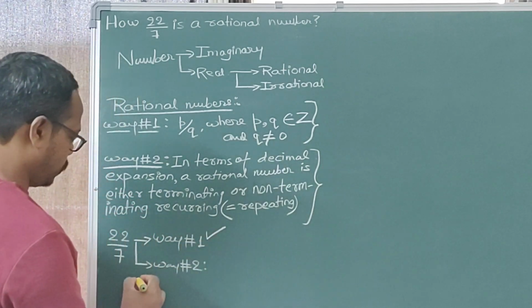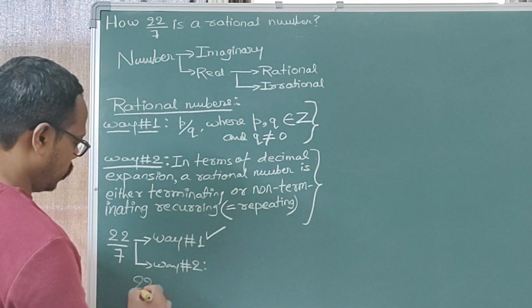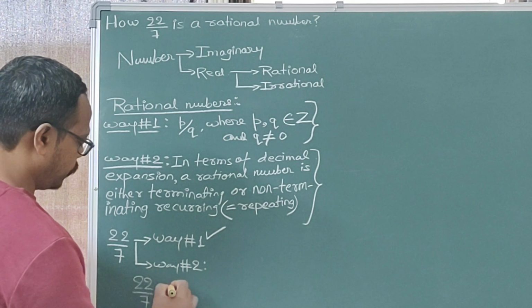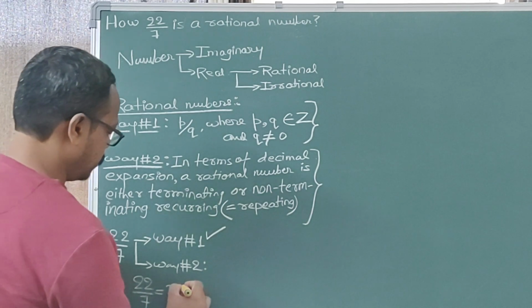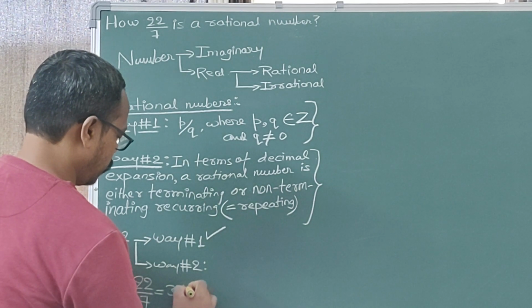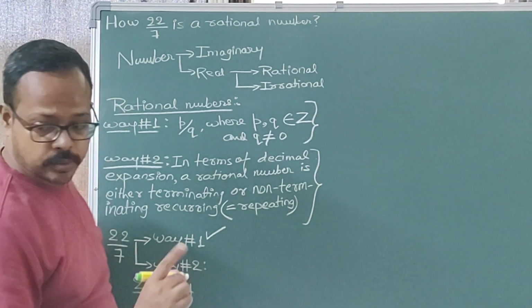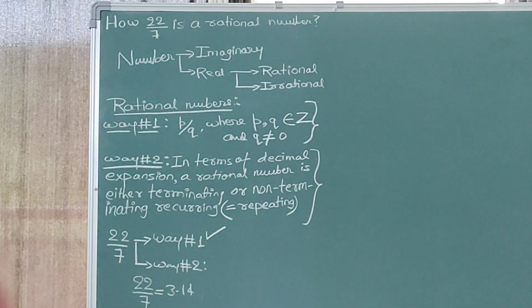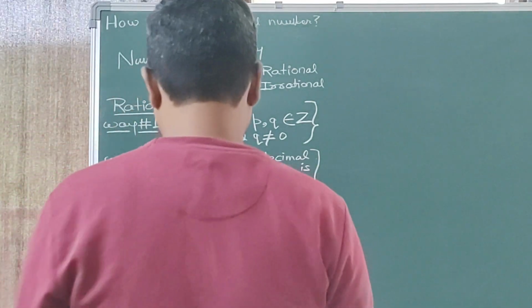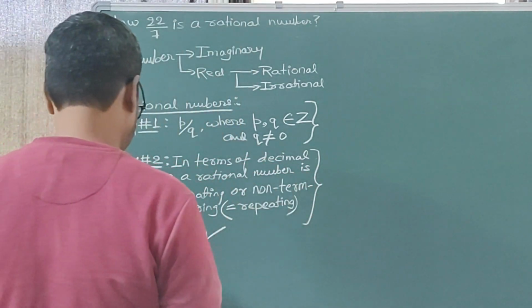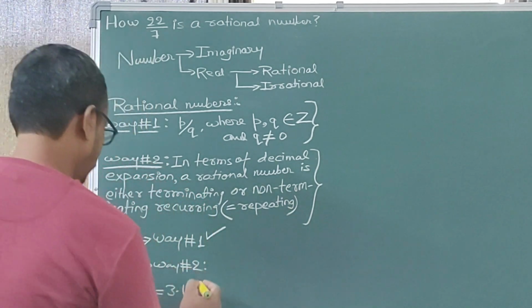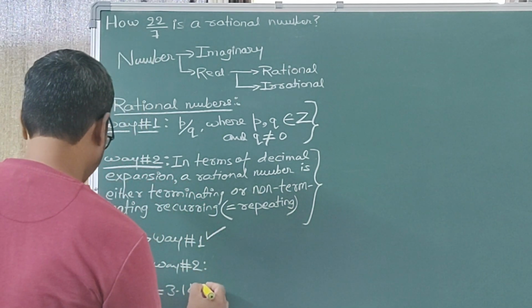If you do it, you will find 3.14. Just a moment, let me use a calculator to be precise. 22 by 7 is 3.142857.